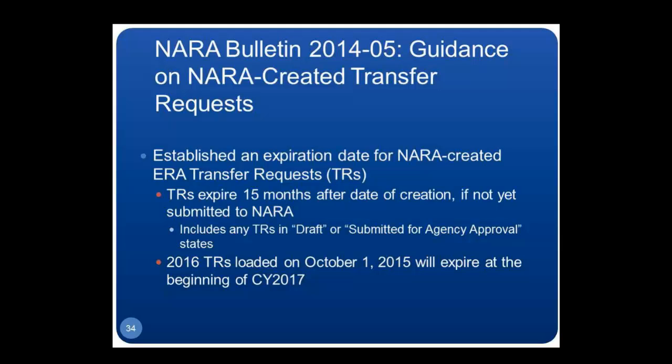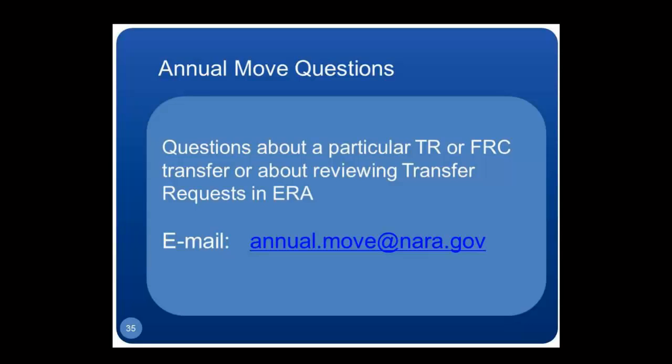So this is sort of a cleanup job that's on our list for the next few weeks for the oldest ones, but this will be happening on a regular basis in future years. So keep in mind, you basically have 15 months to decide whether a particular set of transfer requests that were created on X date are going to be submitted by you to the National Archives.